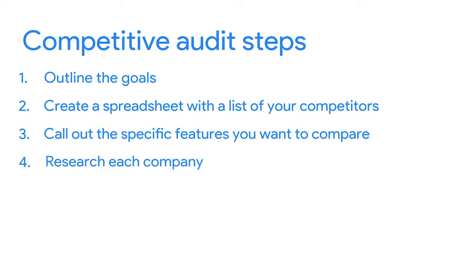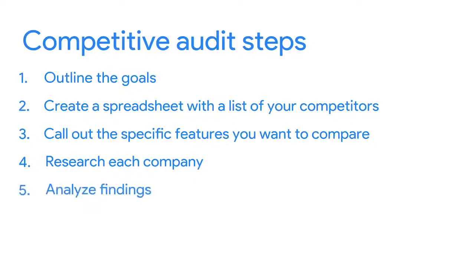Fourth, research each company. You'll need to evaluate each competitor's website and take a note of your observations, focusing on the features you listed in step 3. Remember to include details like what works well, what could be improved, whether your competitor's features meet the needs of your specific audience. Fifth, analyze your findings. Try to spot trends and themes.